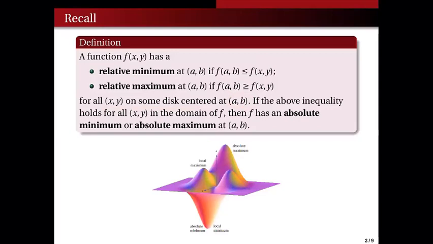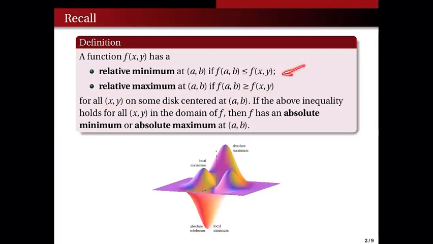And then we say that this function f of x comma y has a relative maximum at (a, b) if f of a comma b is greater than or equal to f of x comma y for all x comma y on some disk centered at the point (a, b).